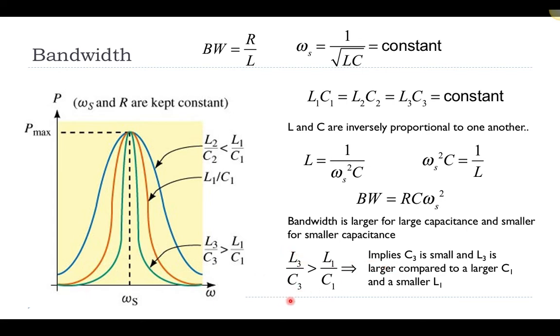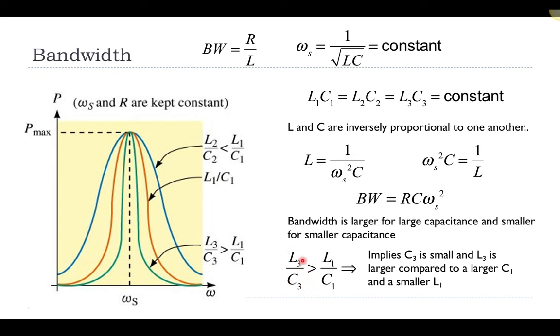In this particular example, the ratio of inductor 3 to capacitor 3 is larger than the ratio of inductor 1 to capacitor 1, and this implies that capacitor 3 is small, so this number on the bottom of this fraction is small, and in turn, because it's inversely proportional, the inductance is large. So compared to L1 and C1, the ratio of the inductance 3 to C3 is a large value.